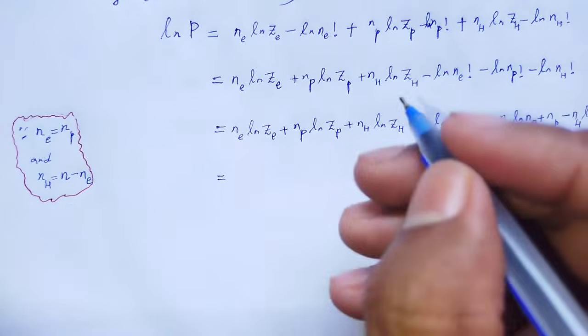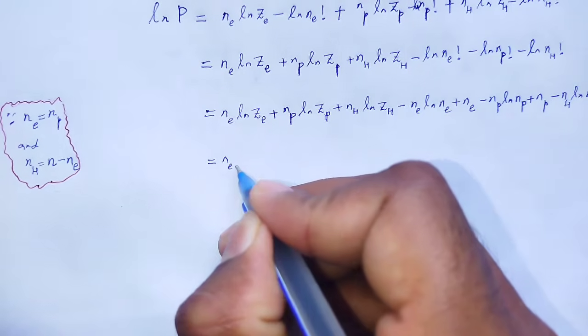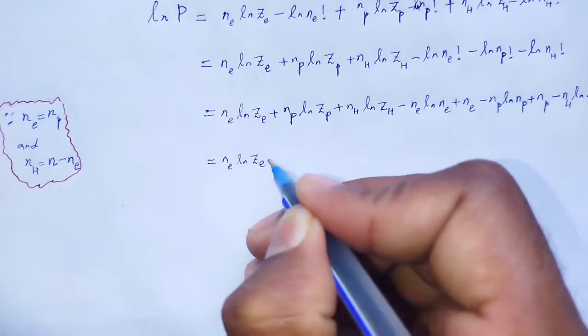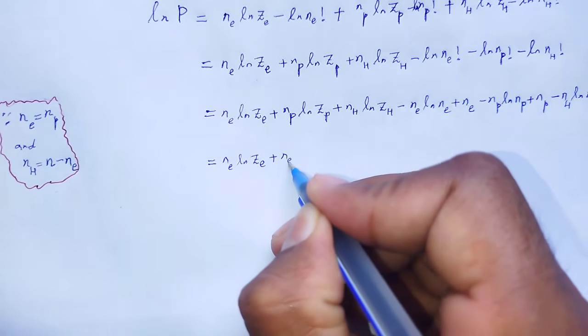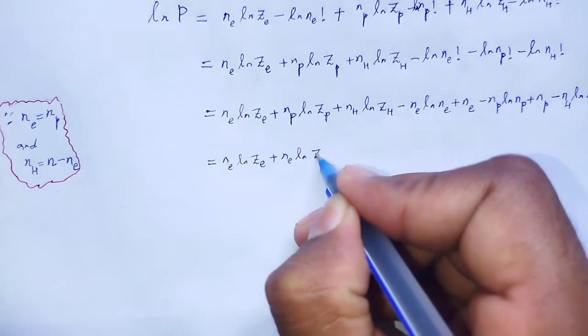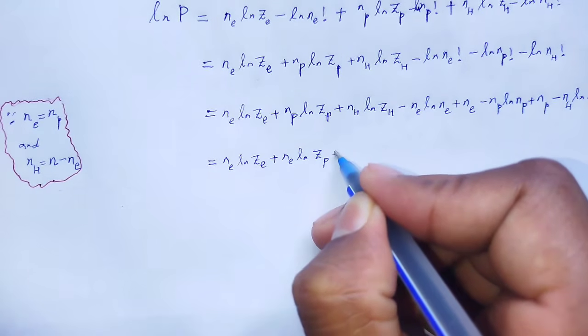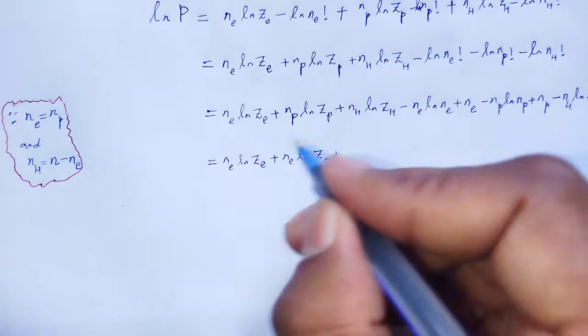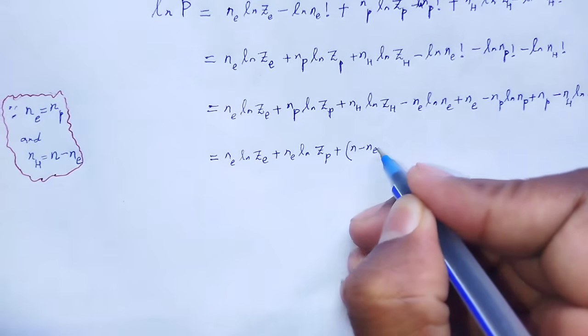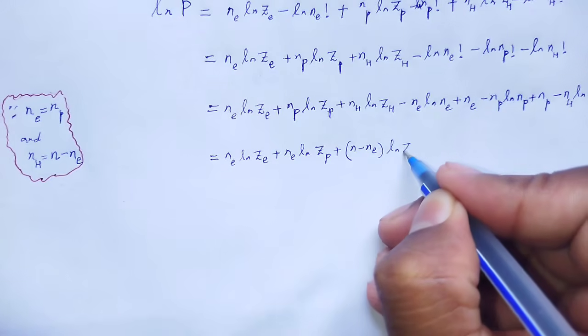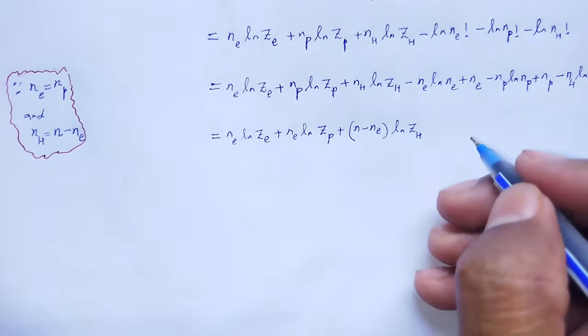Therefore, N_e ln Z_e plus, in place of N_p, that is N_e ln Z_p, plus in place of N_h, that is N minus N_e, ln Z_h.